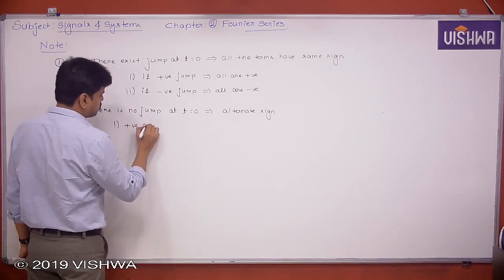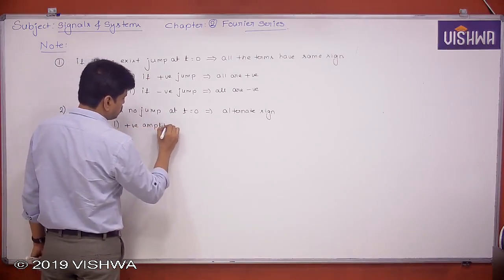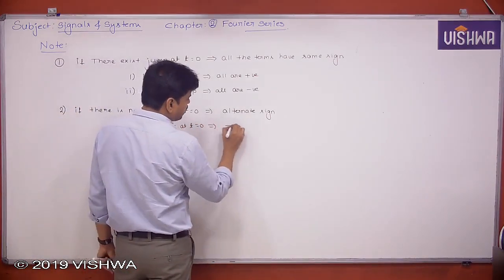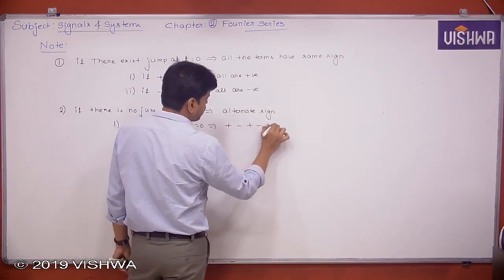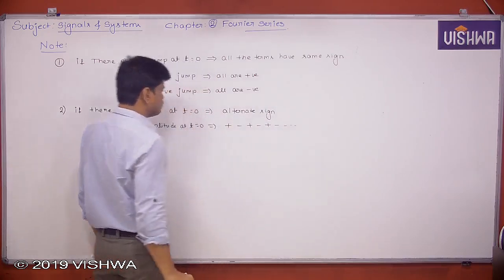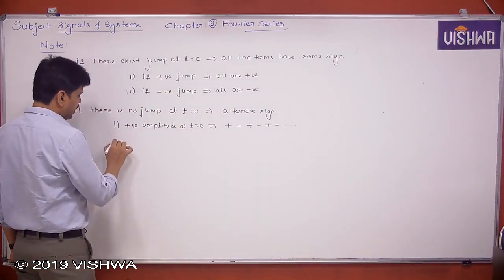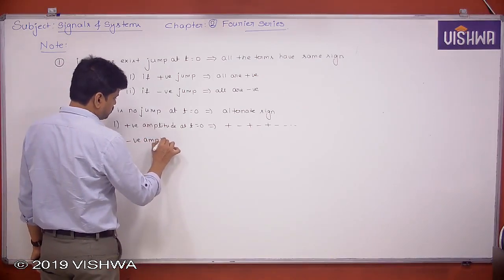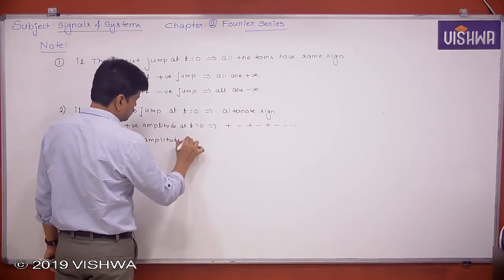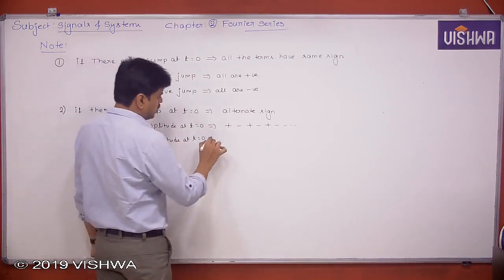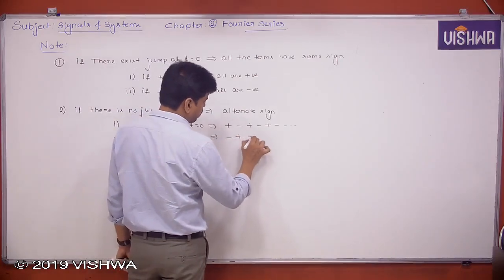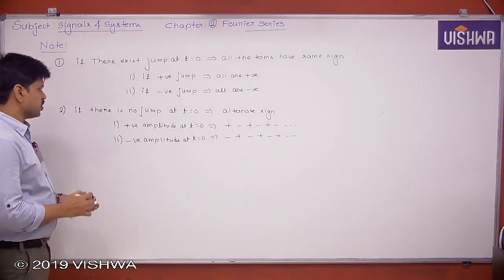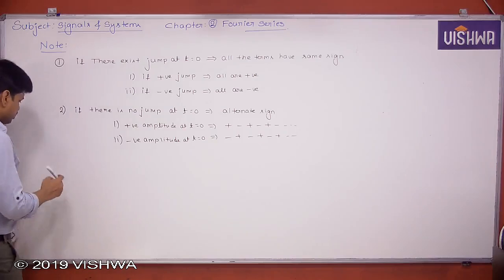If there is a positive amplitude at t equal to 0, the alternate sign will be like this: plus minus plus minus plus minus, and so on. Suppose it is a negative amplitude at t equal to 0, then the alternate sign is minus plus minus plus minus plus, and so on. So first try to understand. Suppose I have already taken an example.